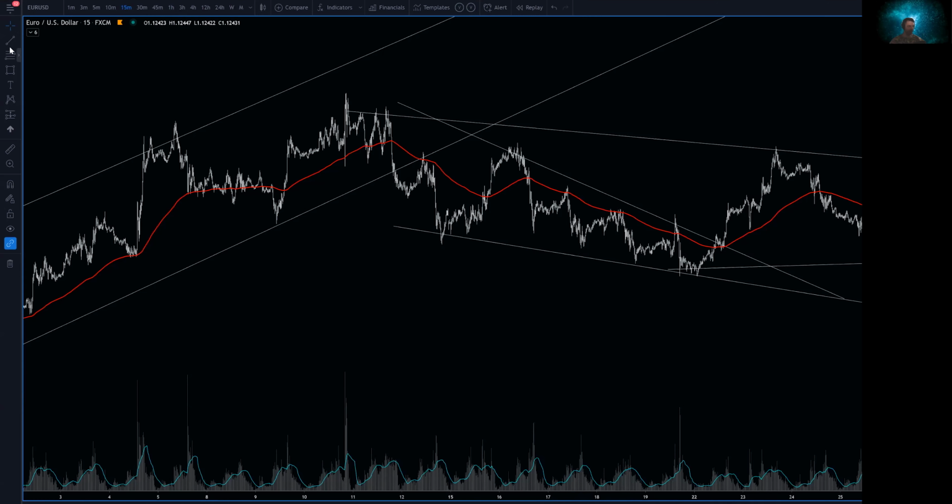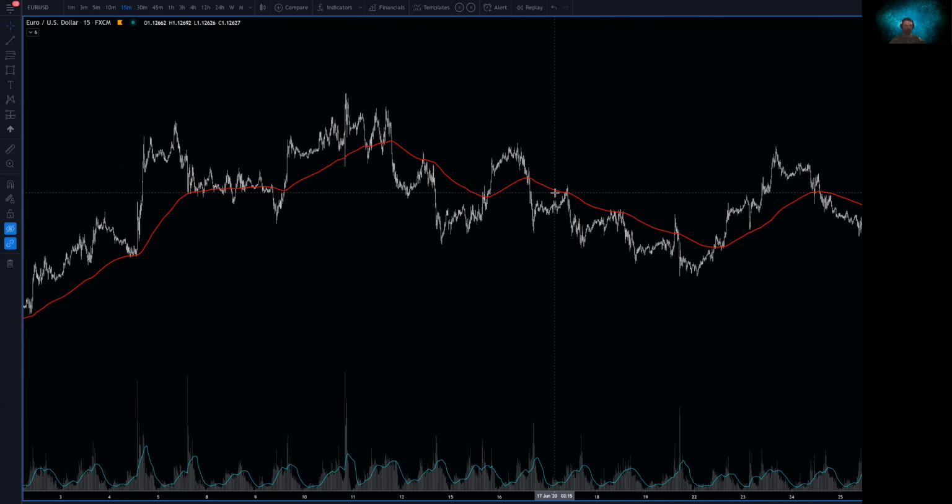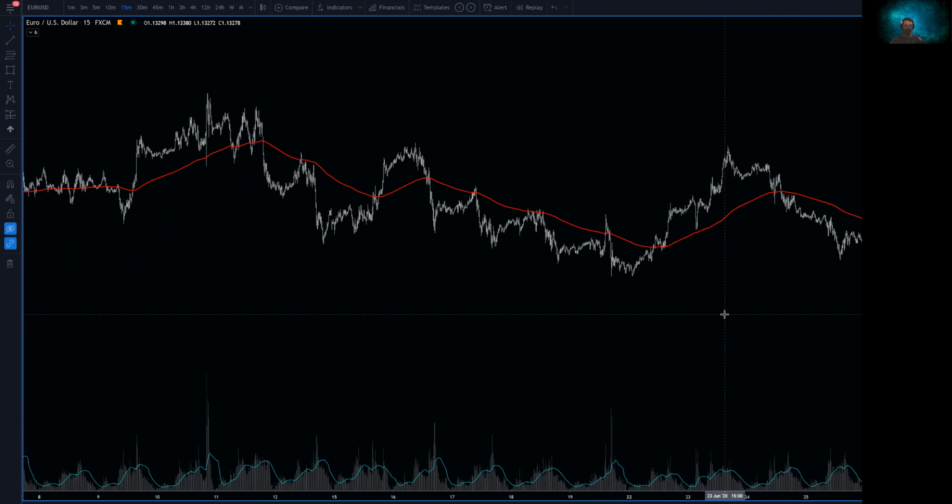So we have something like a channel here, and you have to assume that you'd be safer shorting. The easiest indication is that the price action stays below the 200 EMA. So whenever it bounced here, I would be shorting here, and I would be shorting somewhere here, probably. And whenever the price got above the 200 EMA and it started going down, I will be trying to long it, or any kind of EMA.